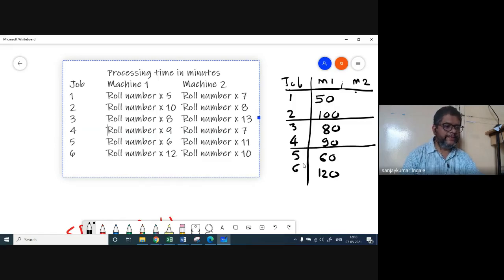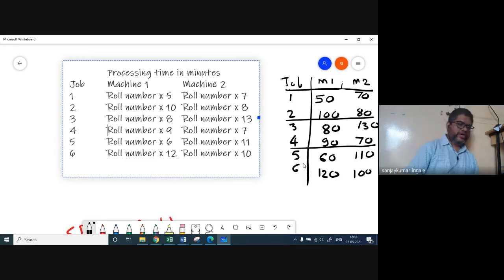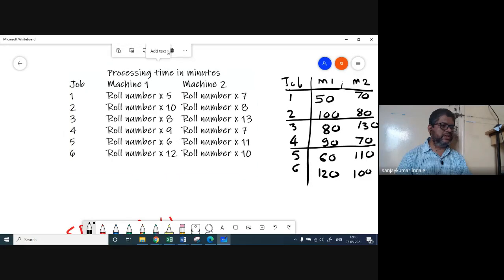How much is the time? 70, 80, 130, 70, 110 and 100. Okay. Now I'll just remove this table. This table is not required.